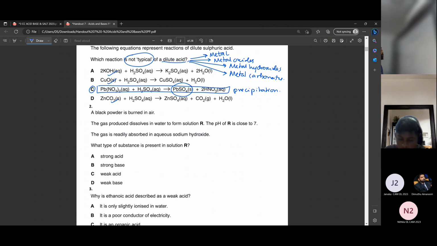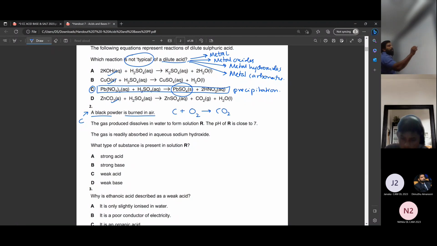Next one, a black powder is burnt in air, right? It's a black powder. You might guess it can be carbon. The gas produced dissolved in water to form solution R. So you stay with your decision. Carbon reacting with oxygen will give you carbon dioxide.